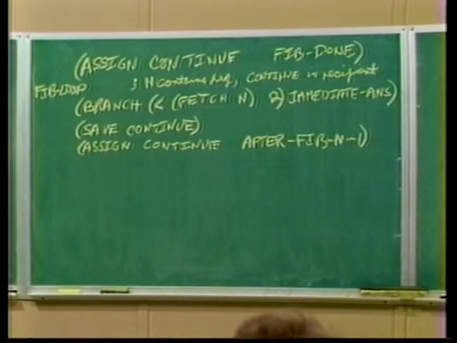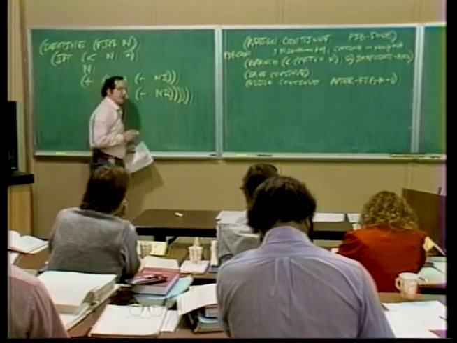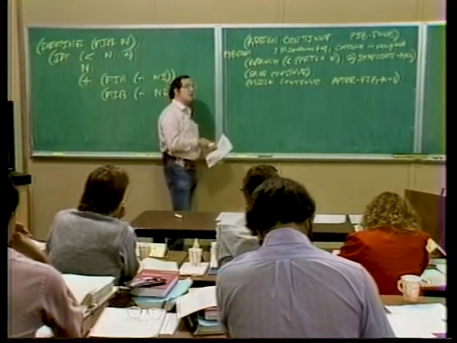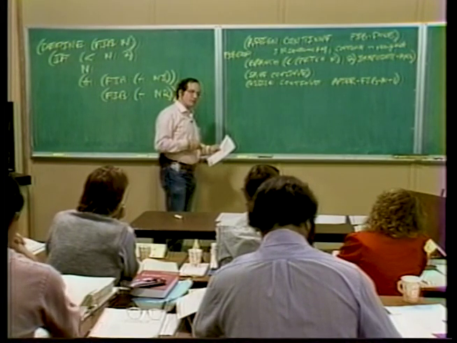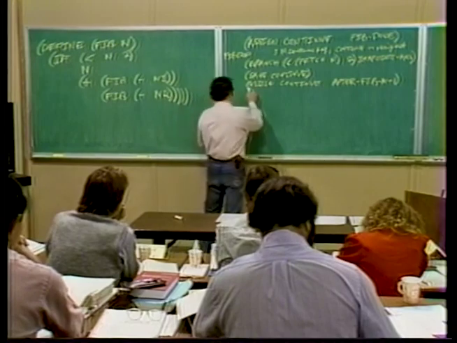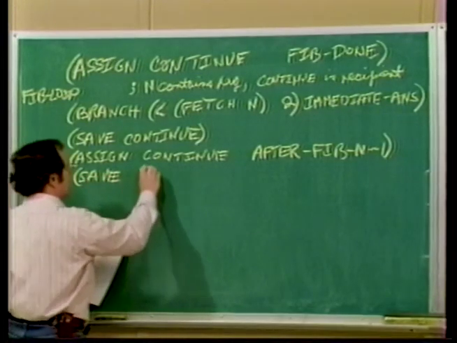Because I'm going to compute the first fib of n minus 1, and then after that I want to come back and do something else. So that's the place I want to go to after I've done the first Fibonacci calculation. And I want to do a save of n, because I'm going to need it later, after that.